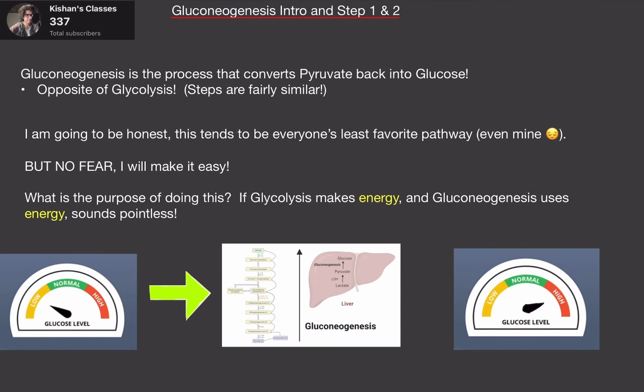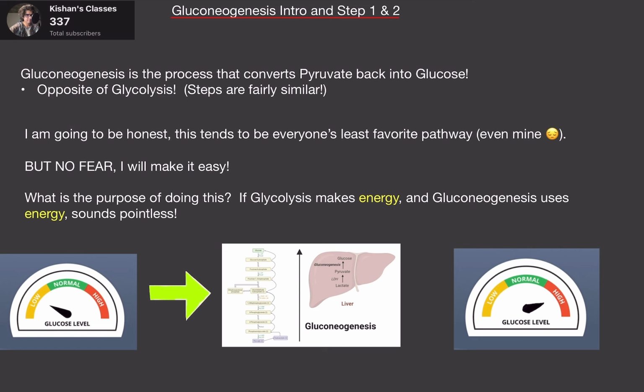But why is this important? When you have low glucose levels, your brain is not working as it should. It actually needs glucose to survive. It cannot really operate well under low glucose levels.